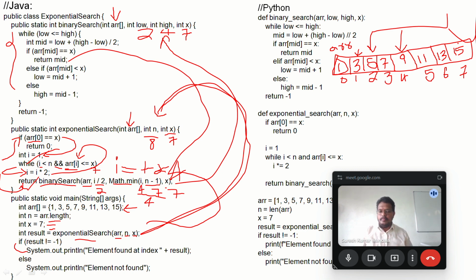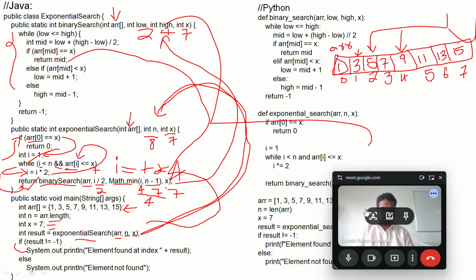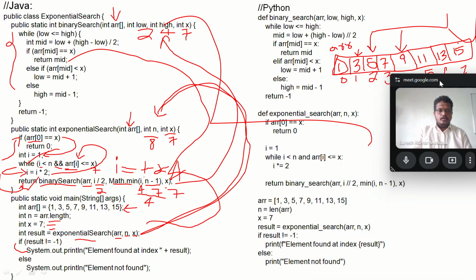Similarly, the same thing will happen in Python programming. In Python also, we have the array initialization 1, 3, 5, 7, 9 and the length of the array, the target variable, the same three parameters will be passed.